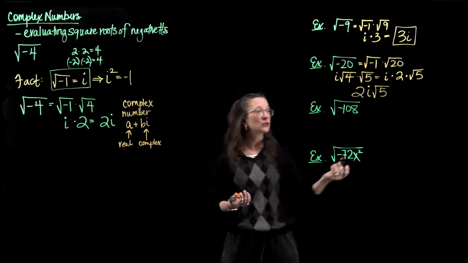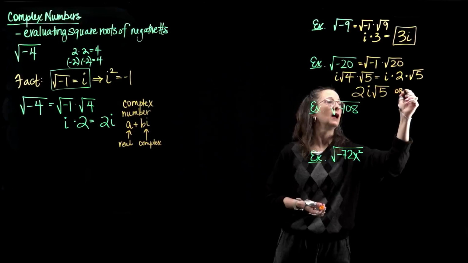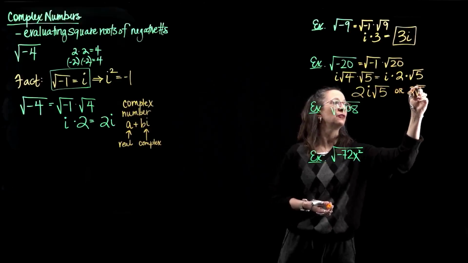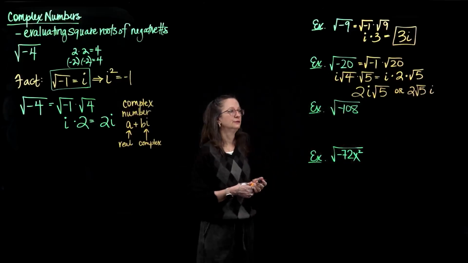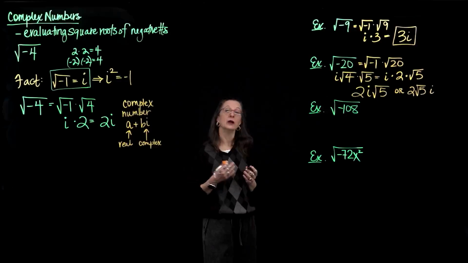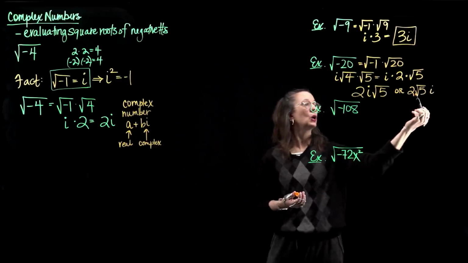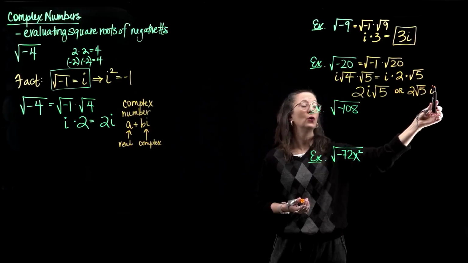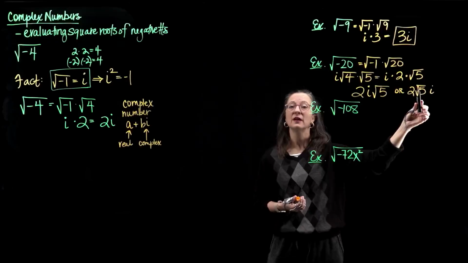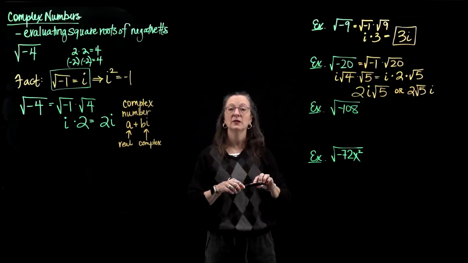Occasionally, you will also see this written as 2 square root of 5 times i. Now, that happens more rarely, and the reason for that is it's hard to tell if the square root symbol extends over the i or not. It can be confusing.